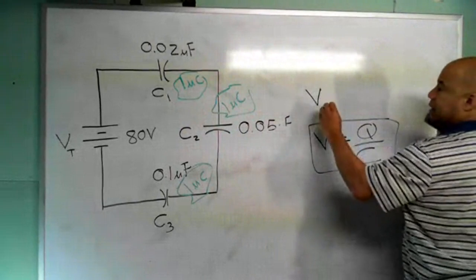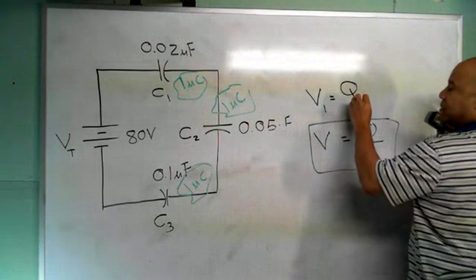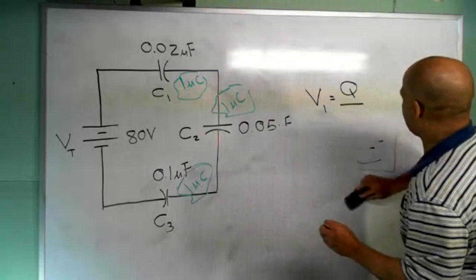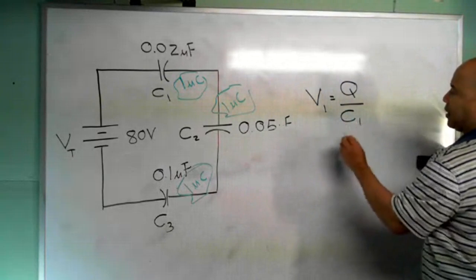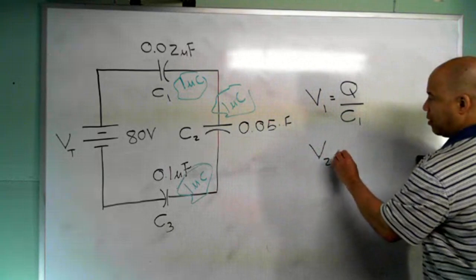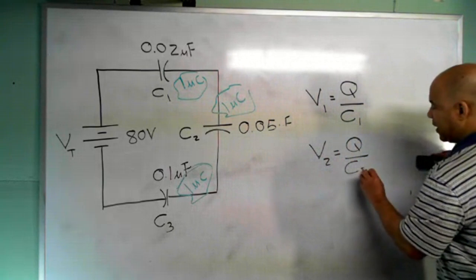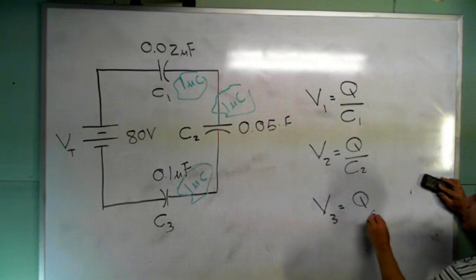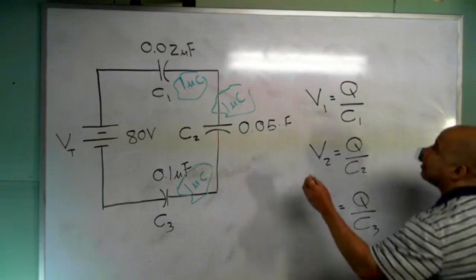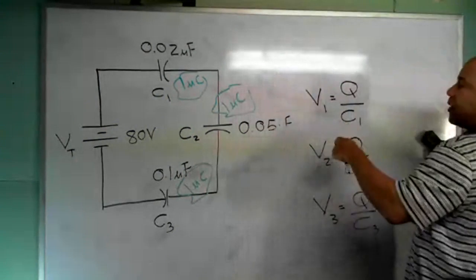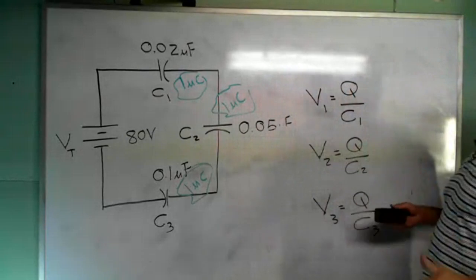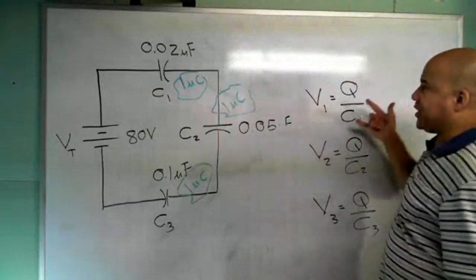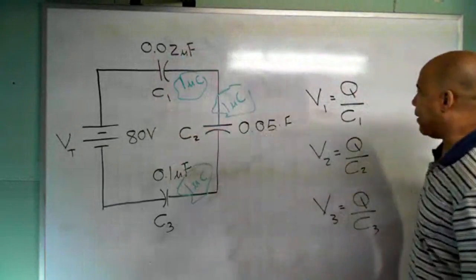So V1 equals Q divided by C1, V2 equals Q divided by C2, and V3 equals Q divided by C3. Again, this is why I call this the Ohm's law for capacitors. I keep coming back to it and using it over and over again. I can use it for the whole circuit, like I did in the beginning, or for each individual capacitor, like I'm about to do right now.